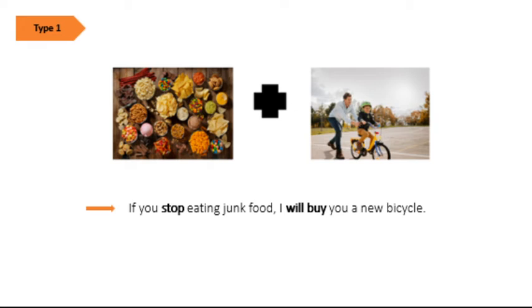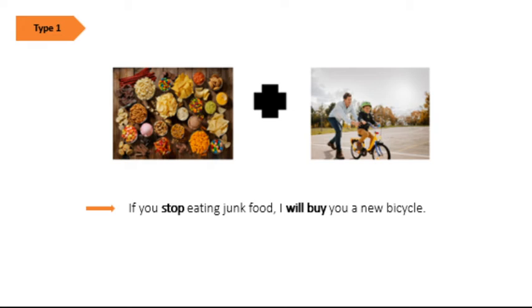So we all used to hear such a promise from our parents, but not for stopping junk food, for something else. If you do well at school, I will buy you a new bicycle. If you get good grades at school, I will buy you a new bicycle, isn't it? Okay, so here the father will get a new bicycle to his son only if he stops eating junk food.